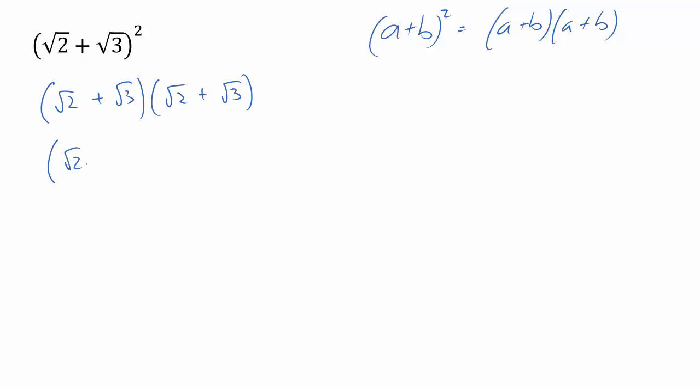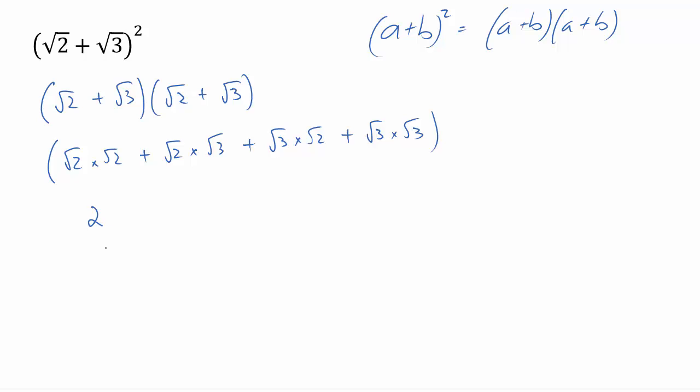So we're going to have root 2 times root 2 and root 2 times root 3 and root 3 times root 2 and root 3 times root 3. Now you will simplify this out and add up all the like terms. So root 2 times root 2 is the same as just 2.